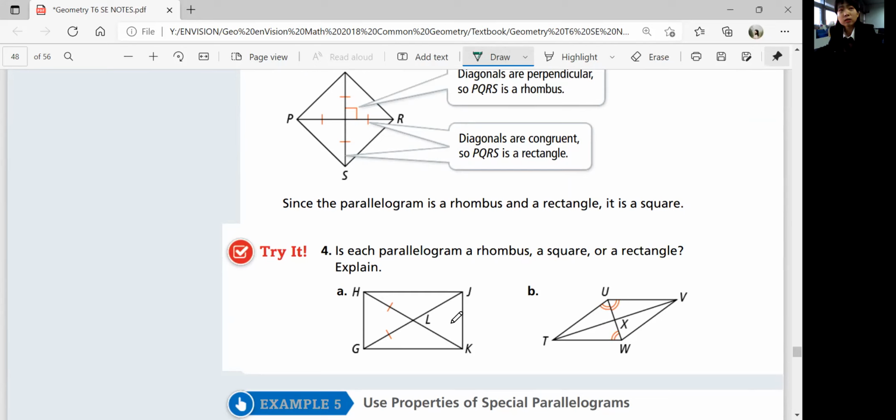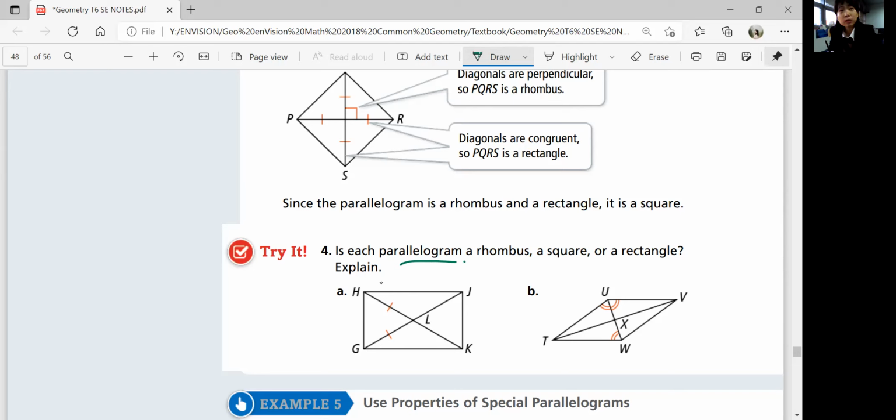Okay, the first one. You know that HL is congruent to GL. First let's start with a property of the parallelogram. In a parallelogram, the diagonals bisect each other.